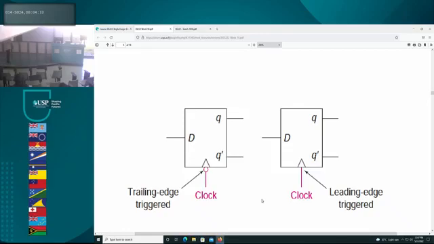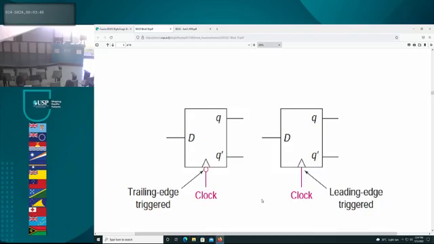Now, the other two words I want you to note. There's something called leading edge. Leading edge is when the clock pulse goes from a low to a high. Sometimes they call it a rising edge, R-I-S-I-N-G. Trailing edge is when the clock pulse goes from a high to a low.